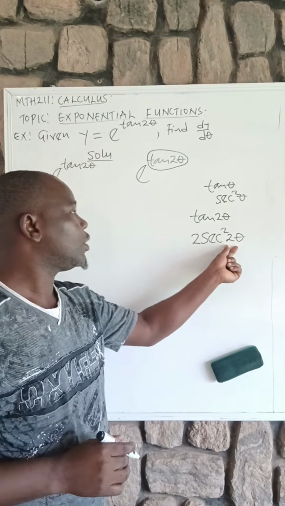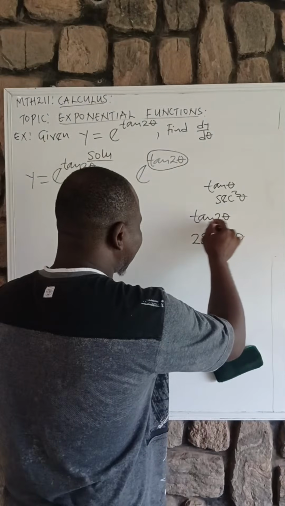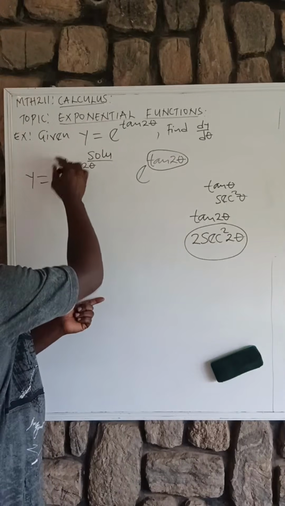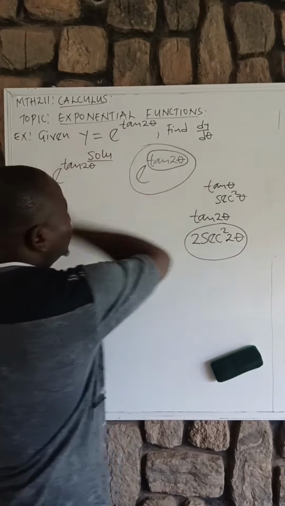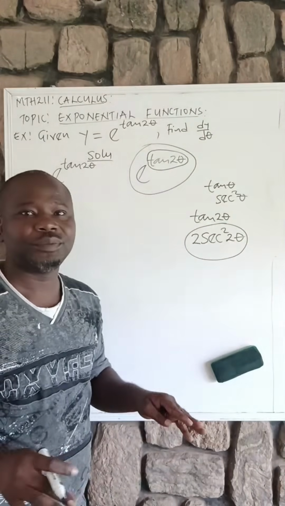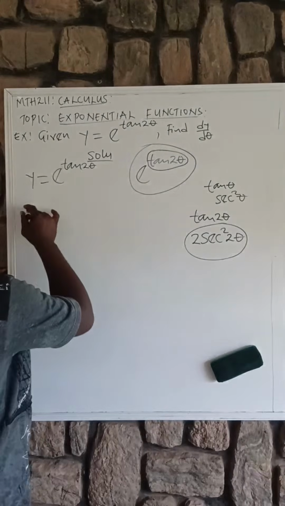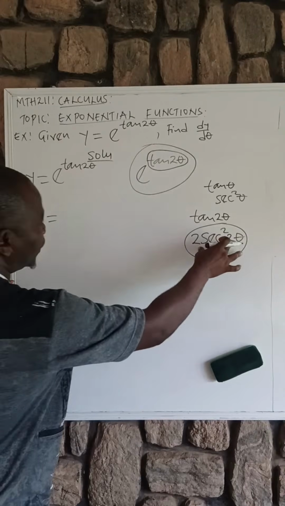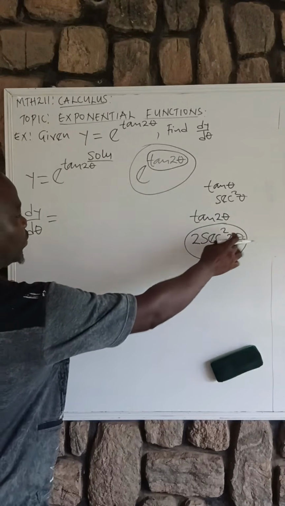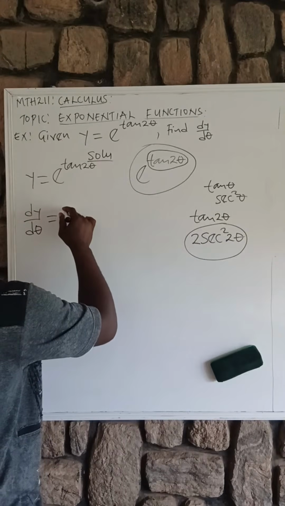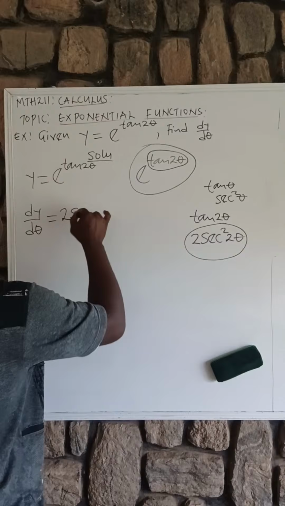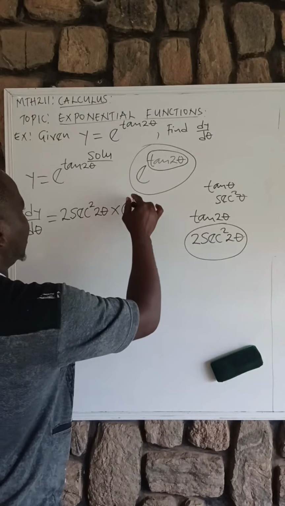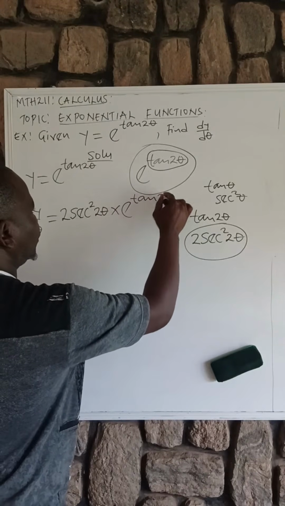Are you following? So now you use this answer to multiply this function. That is the whole of this function. That is your answer. Is that clear? So now our dy over d theta will be equal to 2 sec square 2 theta, use it to multiply this, that is 2 sec square 2 theta times exponential tan 2 theta.